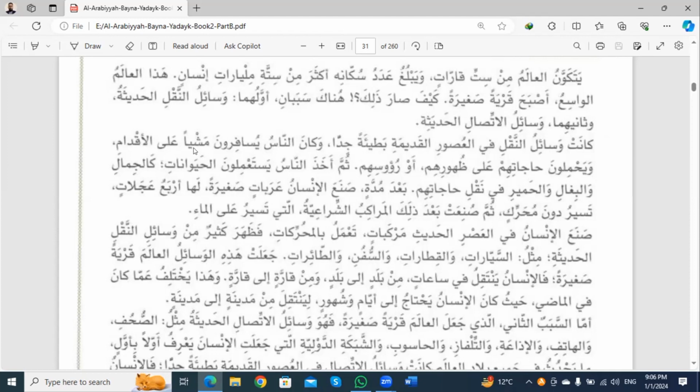And they carried their belongings on their backs. Yahmiloon means they carry their needs on their backs, or on their heads.